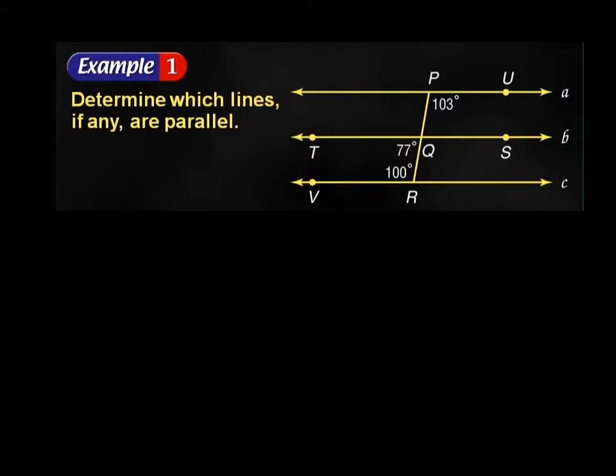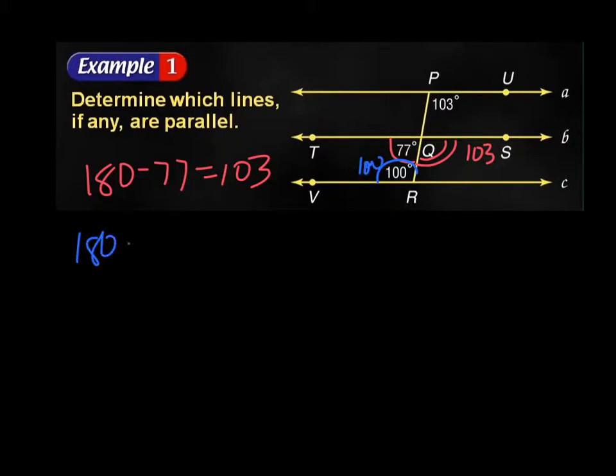Determine which lines, if any, are parallel. Well, just using the linear pairs, if this angle is 77, this angle would have to be 180 minus 77, which is 103. And same thing, if this angle is 100, then 180 minus 100 is 80.